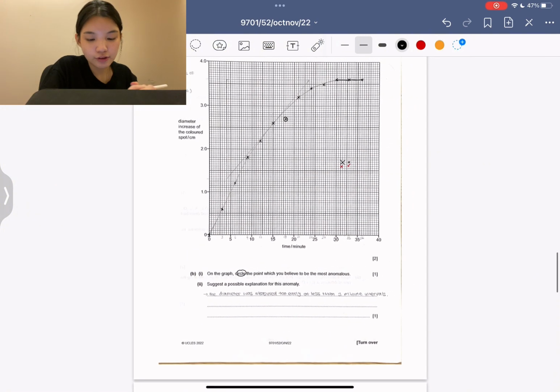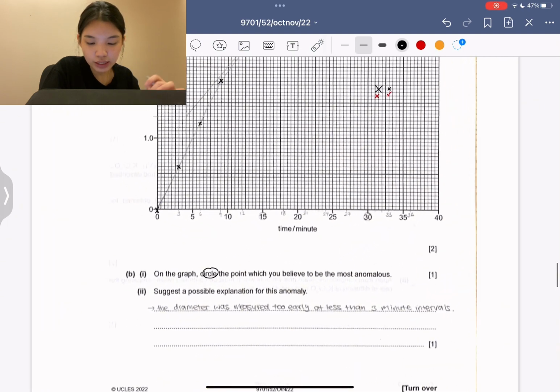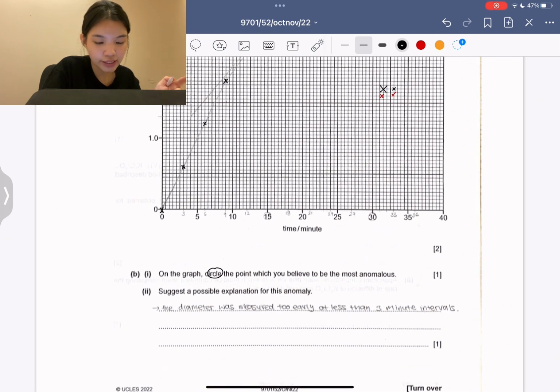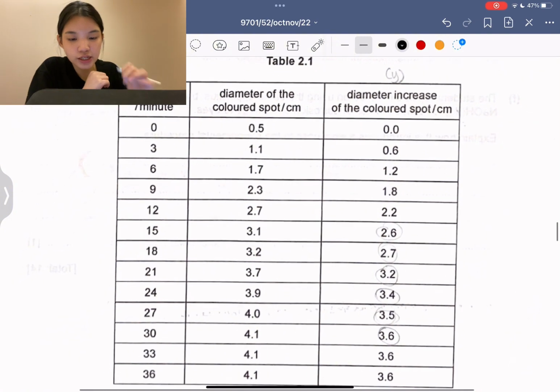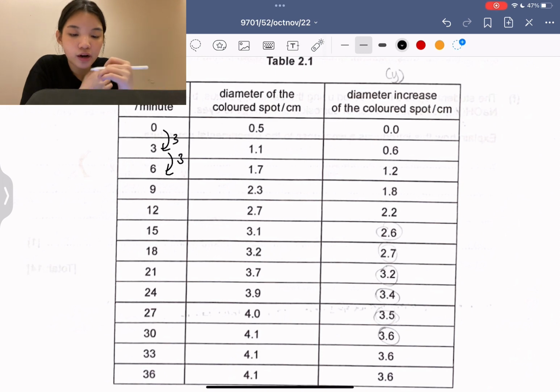The answer would be the diameter was measured too early, at less than 3-minute intervals. As you can see here, every interval is 3 minutes, but there could be a human error where I accidentally measured at minute 5. This became an outlier like that.